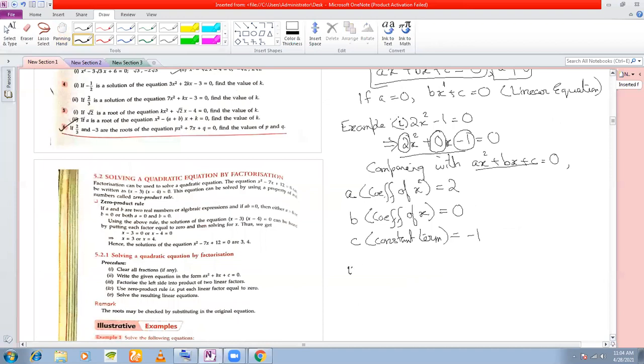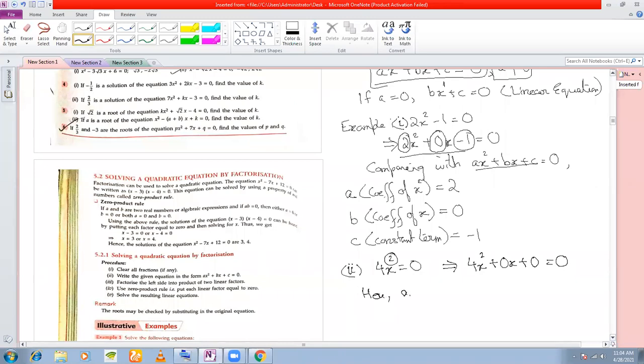If I can give you another example, let's say 4x square is equal to 0. Is this a quadratic? Yes, this is a quadratic because the highest power of x here is 2, and obviously this can also be written in the form ax square plus bx plus c equal to 0. So here, what are the coefficients?